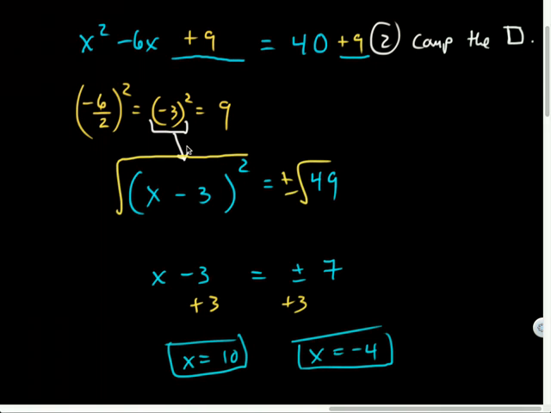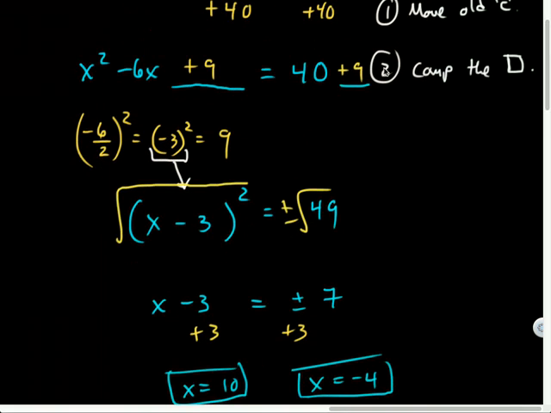Oh, actually, I think I forgot to write the rest of my steps. So I completed the square. Step 3 was I factored, and I'll just say fast. Don't you dare start finding the factors of 9, because I just made this a perfect square trinomial.